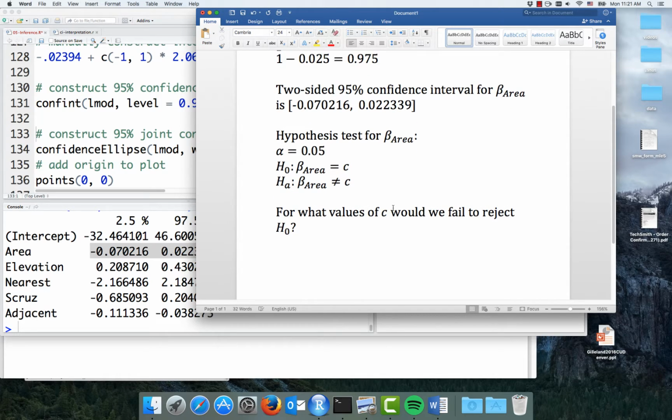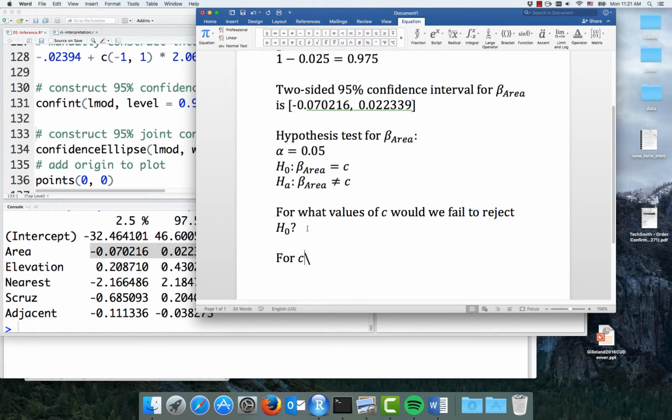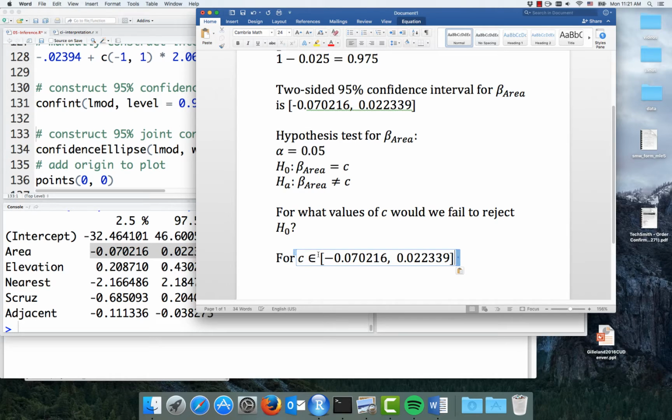And for what values of C would we fail to reject the null hypothesis? It would be for C in this interval right here. So any values that are in our confidence interval, those are the values of C that would cause us to fail to reject our null hypothesis here.